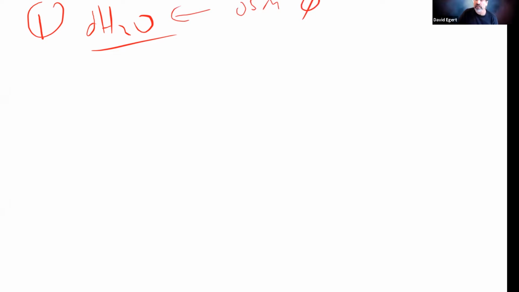So this is the most hypoosmotic you can get, pure 0 outside compared to 0.3 inside. This is the most intense kind of hypotonic solution you can get, where the water is going to come in, and there'll be a lot of pressure. And this is almost for sure going to pop.